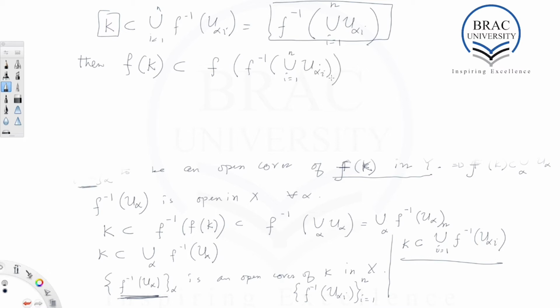And again, by elementary set theory, no matter what f is, this containment will always follow. So that is F(K) is contained in this finite union.